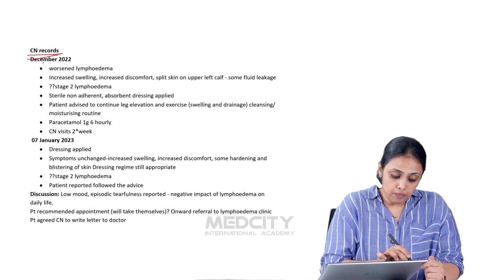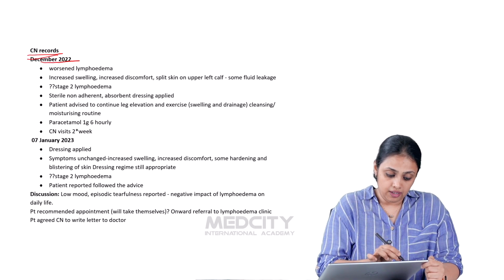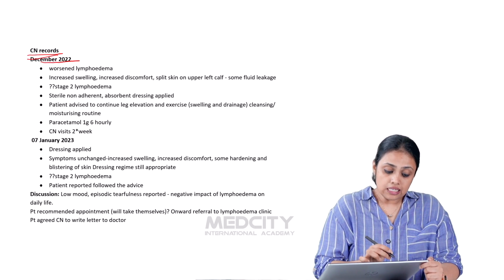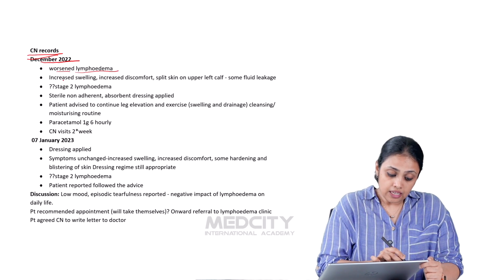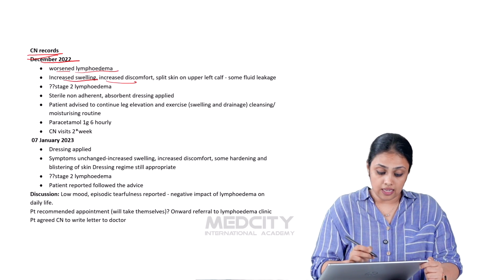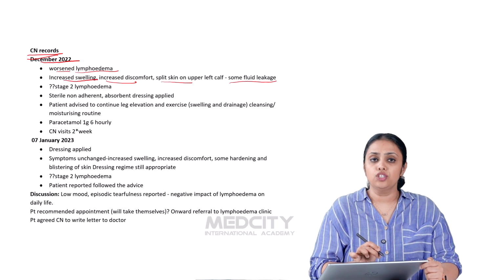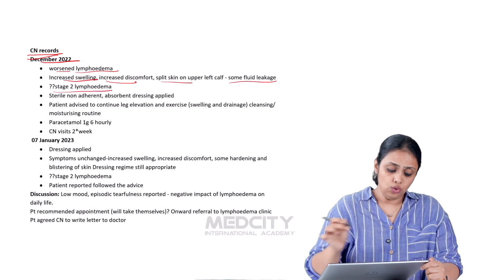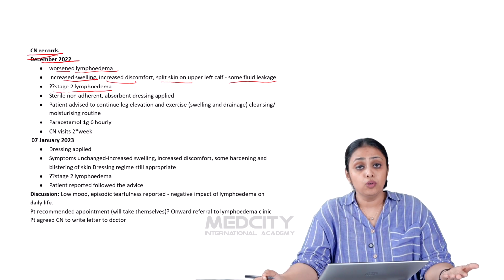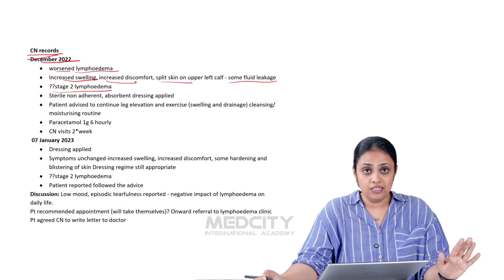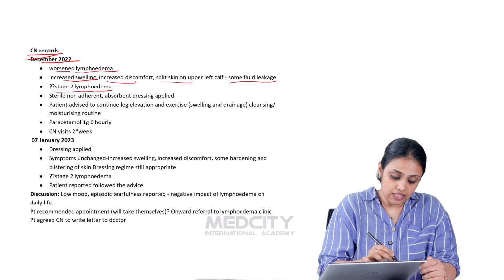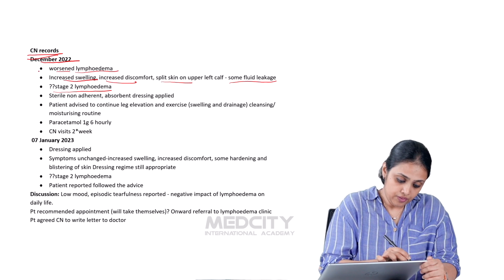In December 2022, we have to consider this: worsened lymphedema, increased swelling, increased discomfort, split skin on upper left calf, some fluid leakage, and you're suspecting stage 2 lymphedema. So should we communicate these details to the doctor? Of course, all of these are relevant. So we shall put a tick mark.